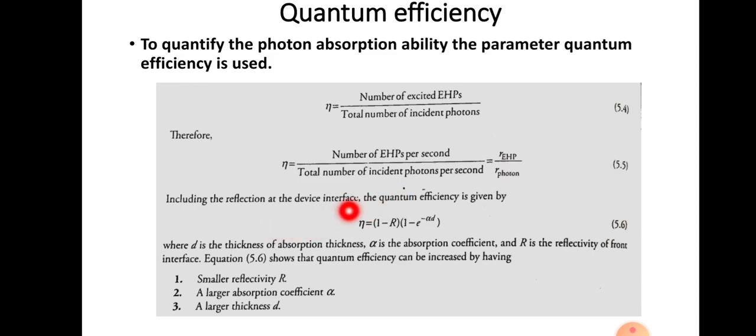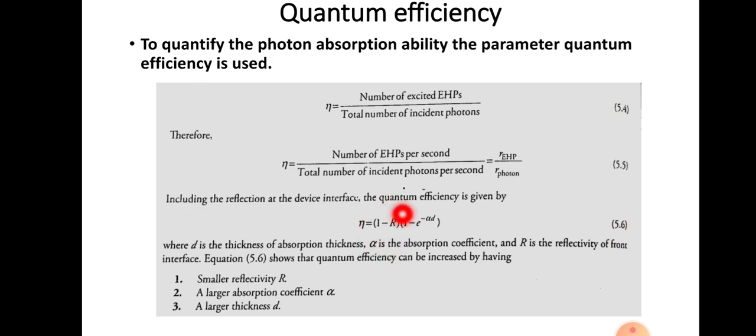We can write the equation for this quantum efficiency eta in terms of the reflection coefficient, that is eta is equal to (1 minus R) into (1 minus e raised to minus alpha d), where d is the thickness of the absorption area, alpha is the absorption coefficient, and R is the reflectivity of the front interface.